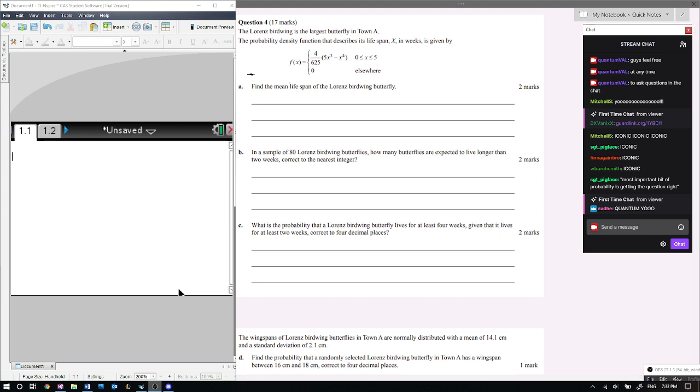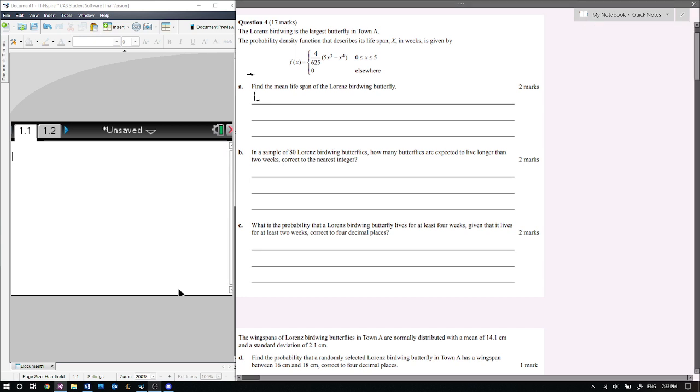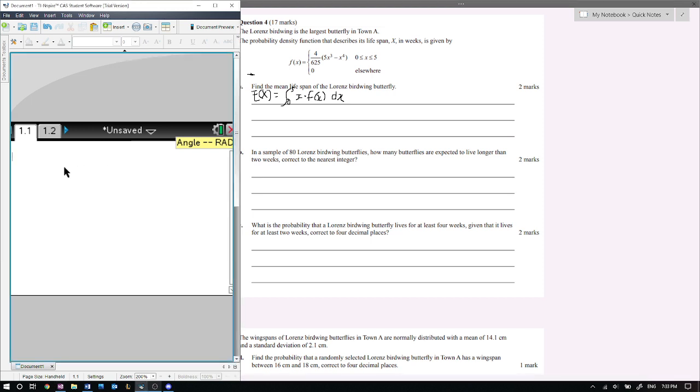And for this question, we're asked to find the mean lifespan, and of course, you just got to know the formula to find the mean lifespan, which is E of X is equal to the integral of your function over its maximal domain times by x. So I get this, and then it's an exam 2 question, so I can just do this on my CAS.